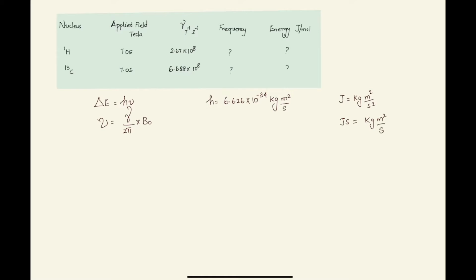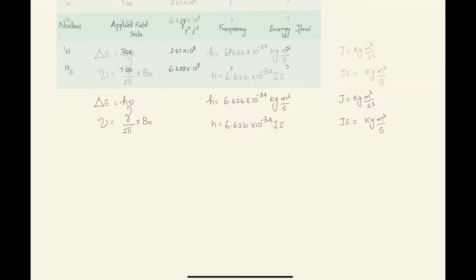And in place of this, you can put joule second. Okay, so we are going to rewrite our units for Planck's constant so that it will be much easier for us to work when we convert it into the final unit that we want. Okay, so 10 to the power of minus 34 joules second.